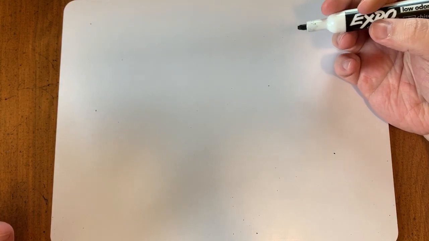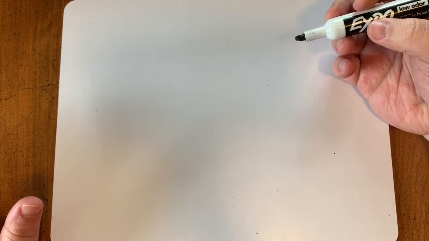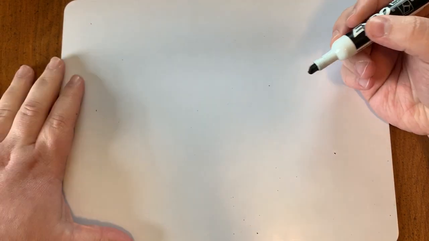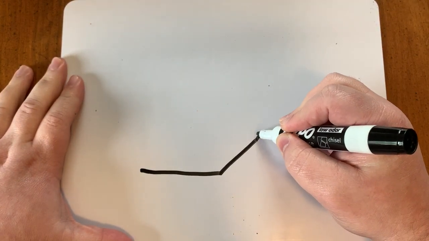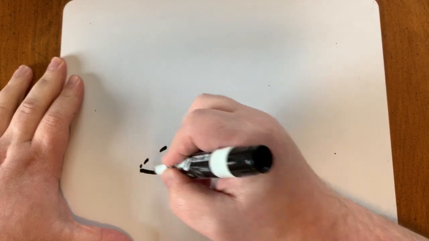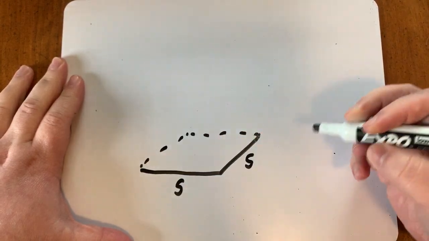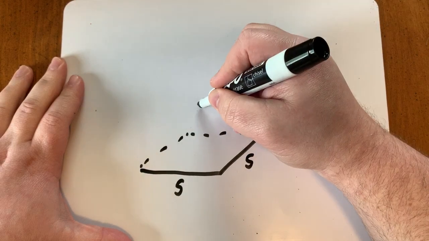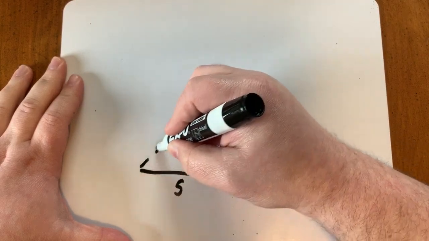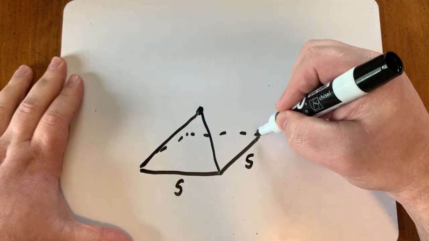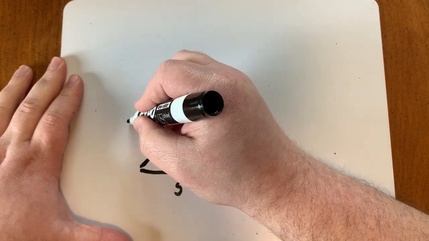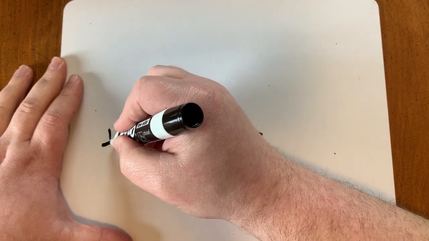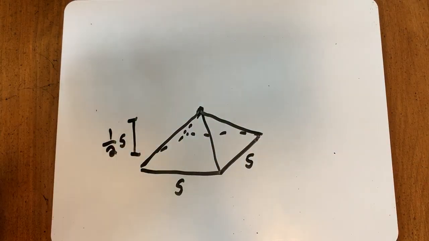So here's what I'm going to do. I'm going to take a square pyramid, because a square is what builds cubes. I'm going to take a square pyramid such that the base is a square and the height of the square pyramid is half the side length.